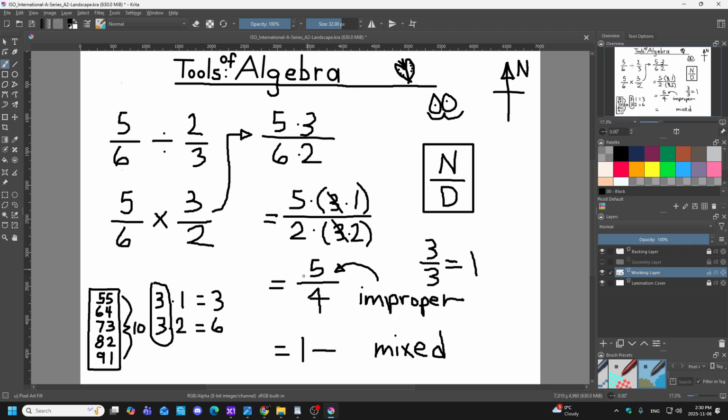And now this next step is to go 5, subtract 4, which equals 1. That's going to be the answer for our numerator. And our denominator always remains unchanged. So it's just a matter of bringing the number below. That makes sense? I hope so.